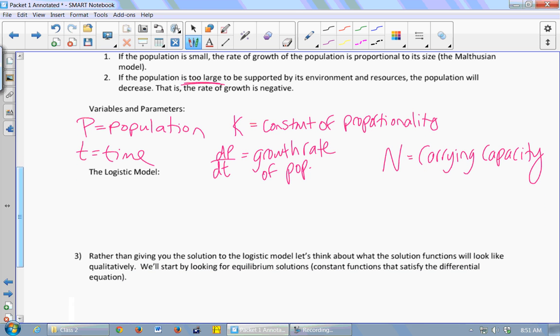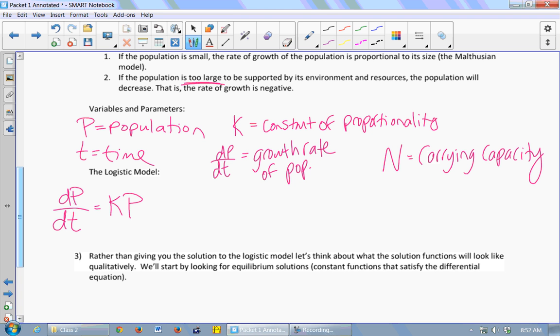All right, so now we're going to try to write an equation that captures the two assumptions using these variables and parameters. For assumption one, we already know how to write something that will capture it. That's the Malthusian model, dP/dt is equal to k times P. But then I need that growth rate to be negative. So right now it's always positive because the population size is always positive.